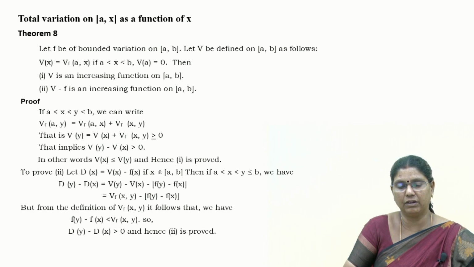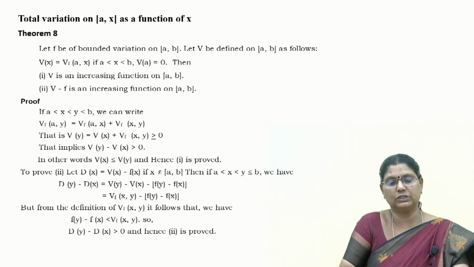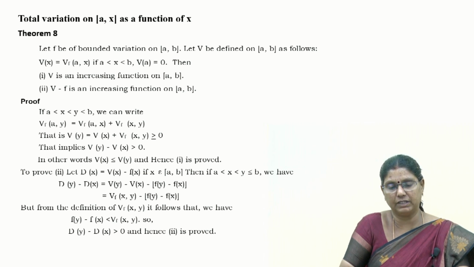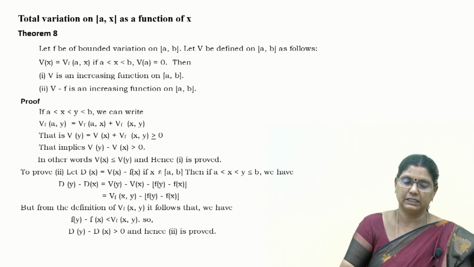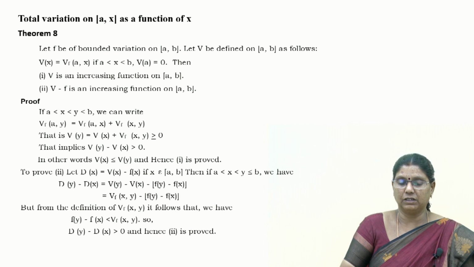So, we can write d(y) as V(y) minus f(y), and similarly d(x) as V(x) minus f(x). So, we have V(y) minus V(x) minus (f(y) minus f(x)). This is expressed as Vf[x, y] minus (f(y) minus f(x)).